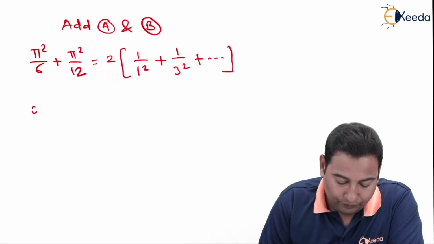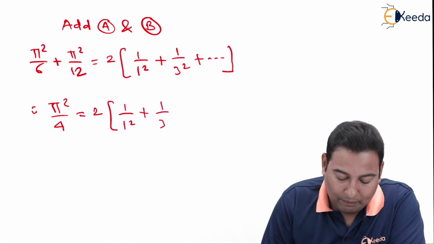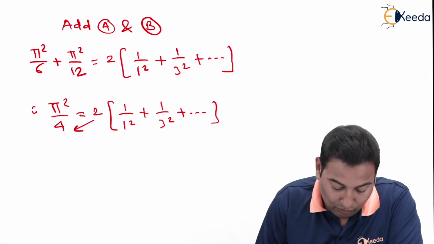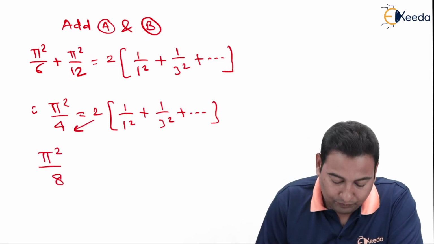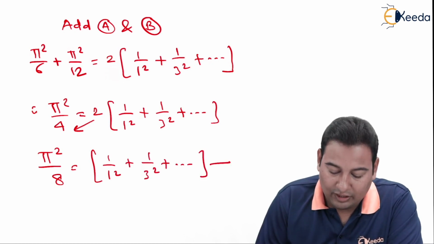Therefore, this is pi square by 4 is equal to twice 1 upon 1 square plus 1 upon 3 square plus dot dot dot. Take this 2, multiply, this will become pi square by 8 equal to 1 upon 1 square plus 1 upon 3 square plus dot dot dot. This is the last deduction C.